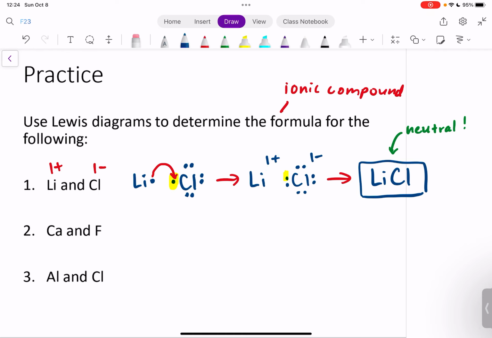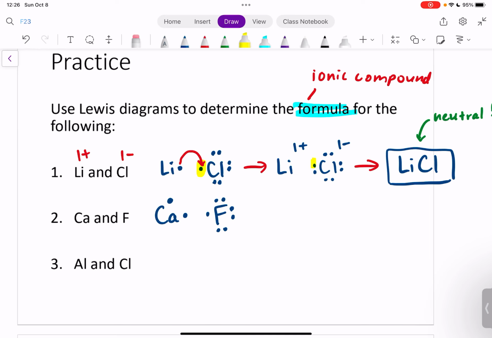All right, so let's try the next one out. I know this is a little weird at first, but just stick with me here. So calcium and fluorine. Just like with lithium and chlorine in the first example, calcium can give one of these electrons away. When it does that, it gives it to fluorine, and fluorine's like, cool, awesome, I'm super happy now.